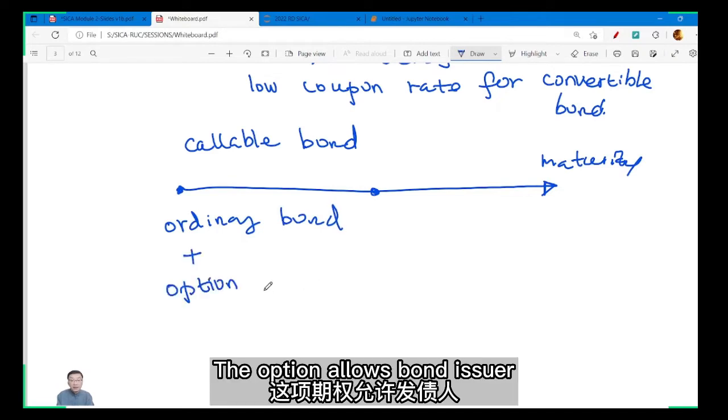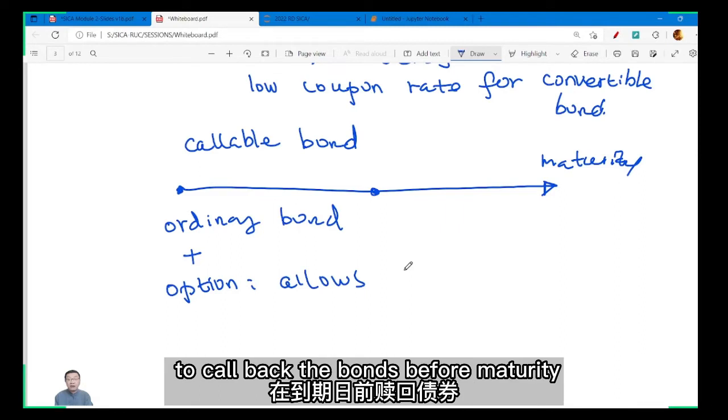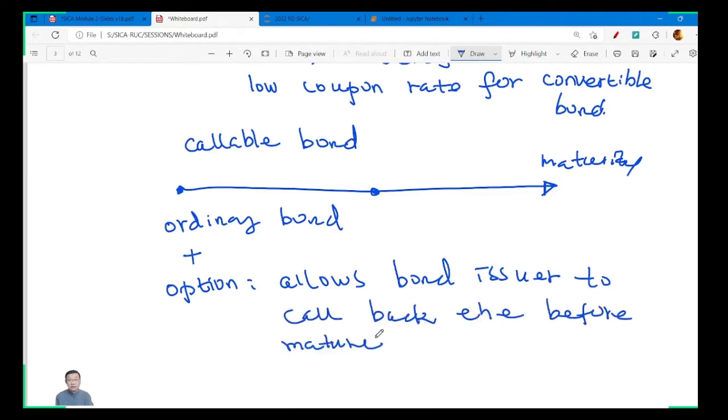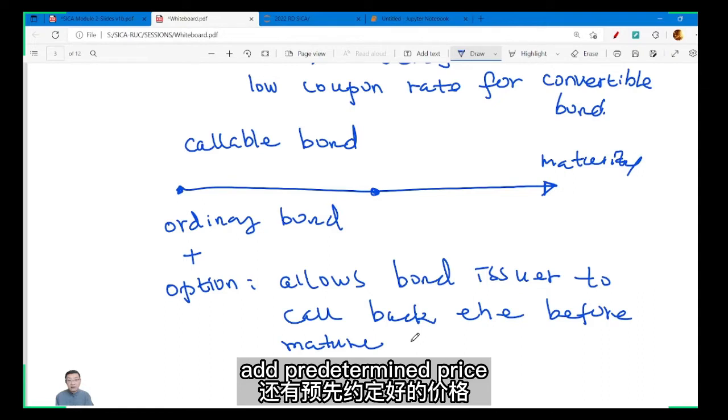The option allows the bond issuer to call back the bonds before maturity under some conditions at a premium, a predetermined price.